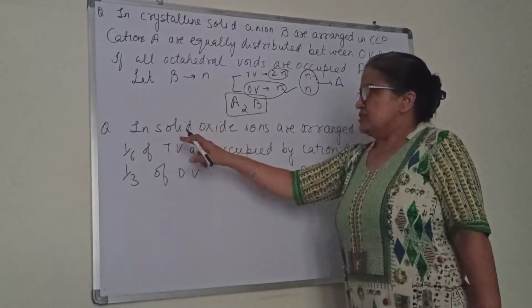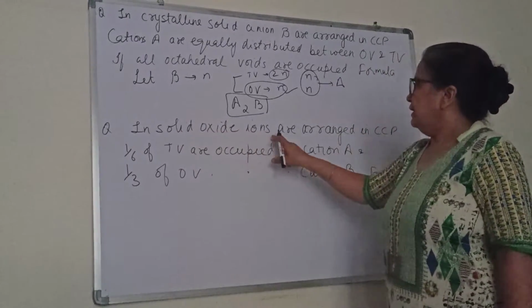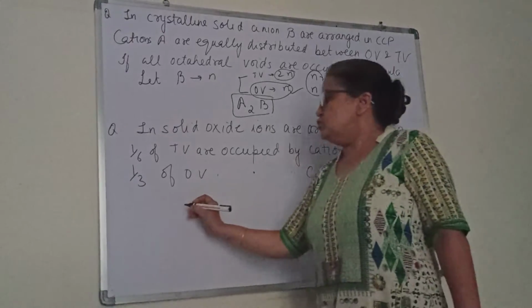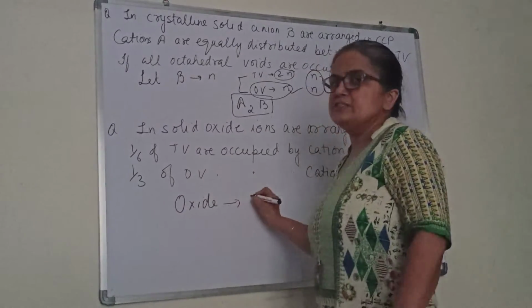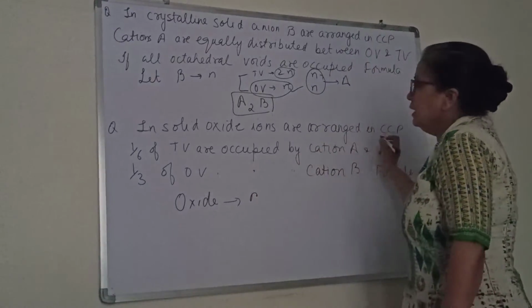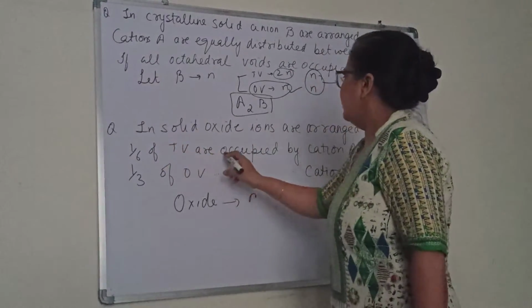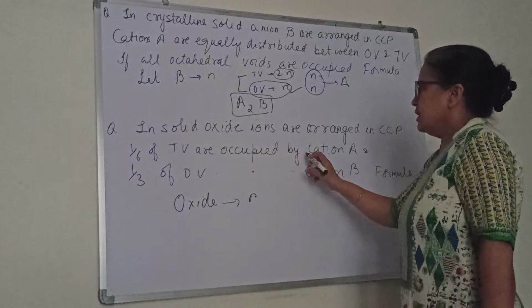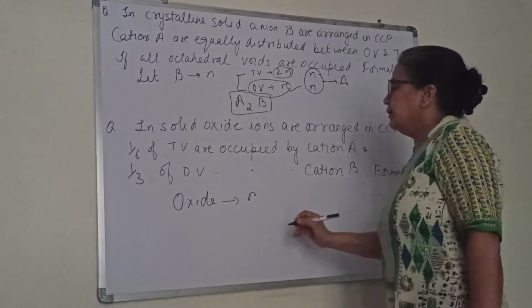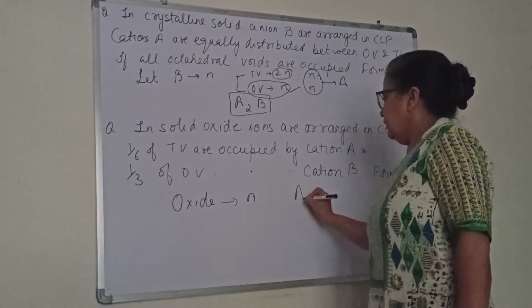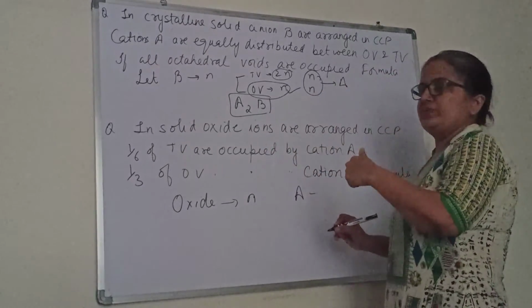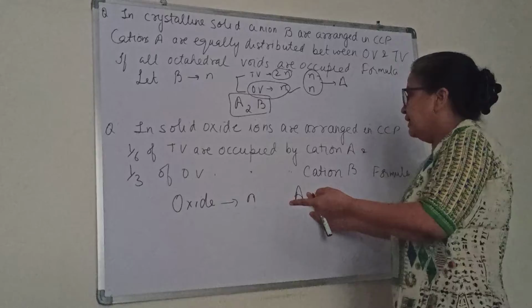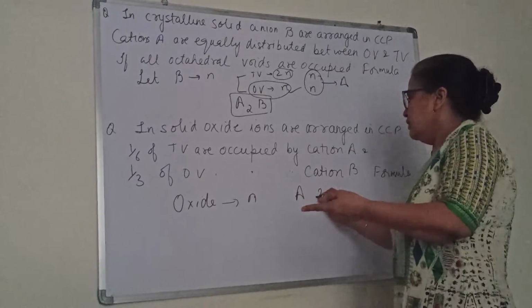Next question. In a solid, oxide ions are arranged in CCP. That means you will write down oxide, let the number of the oxide ions be n as usual. Then it is saying 1/6 of the tetrahedral voids are occupied by cation A. If this is n, how many tetrahedral voids will be there, children? 2n.